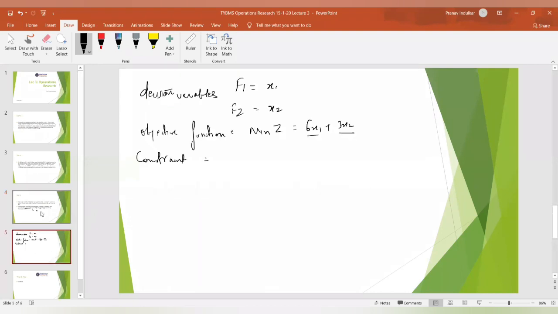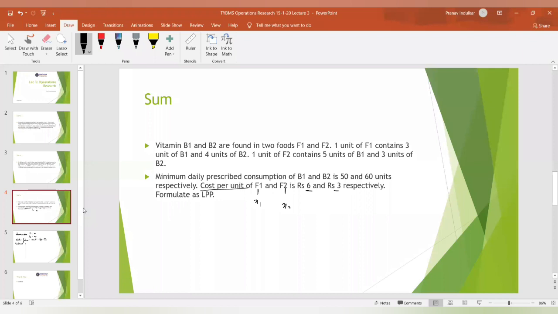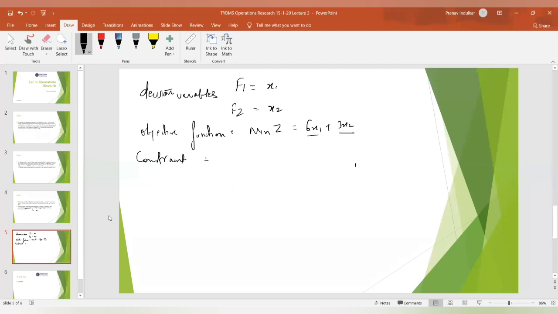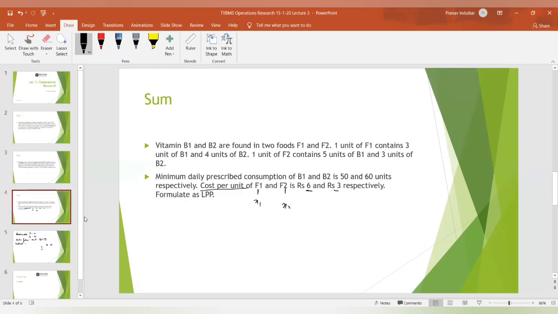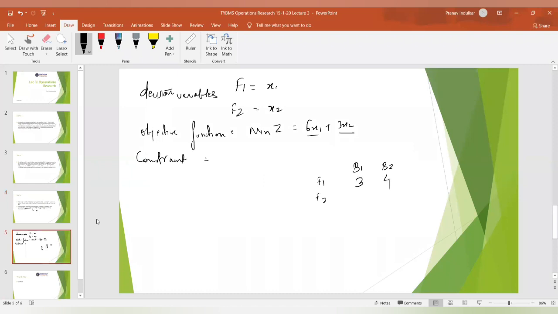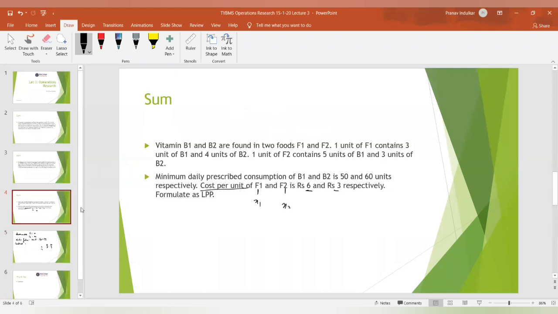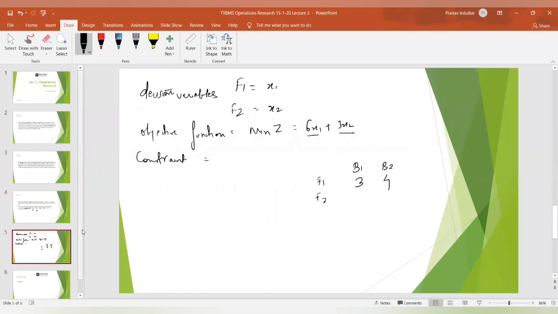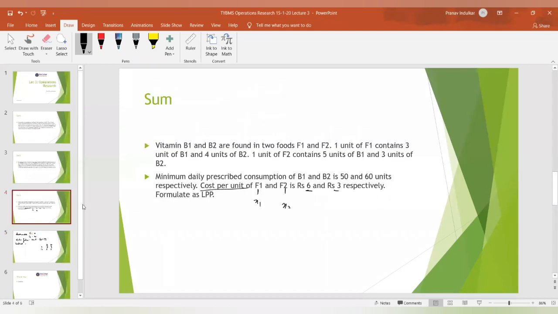Okay, for the constraints, make the table first. B1, B2. 3 B1, 4 B2. 5 B1, 3 B2. Cost per unit.